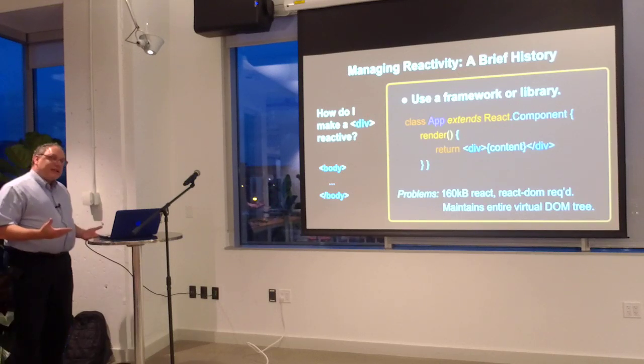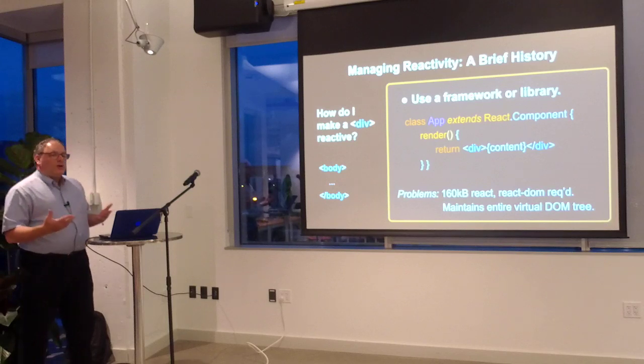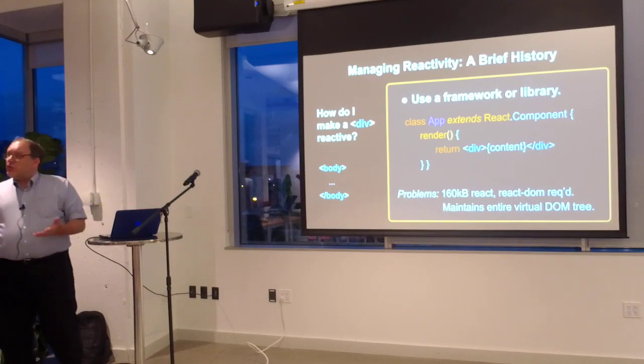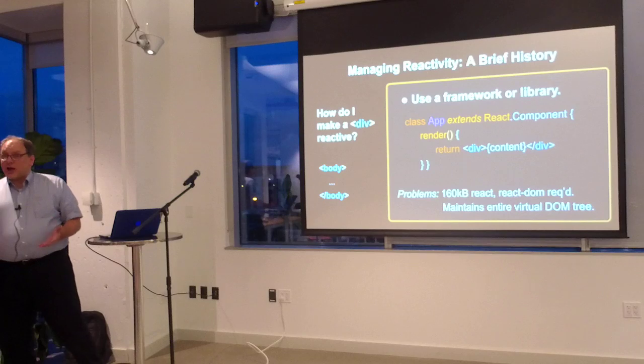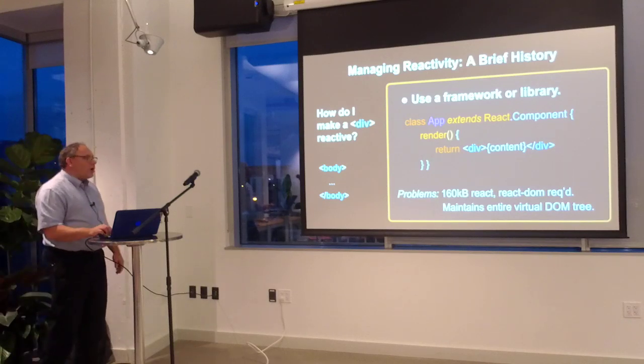What would be great is if there was a tool that compiled to direct reference DOM manipulation JavaScript, but didn't have all of the spaghetti that came along with it.